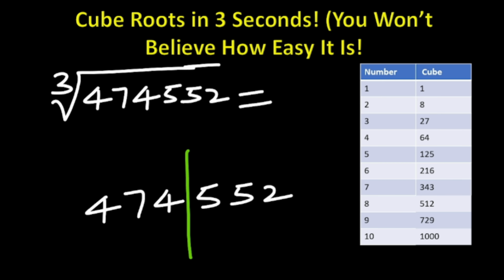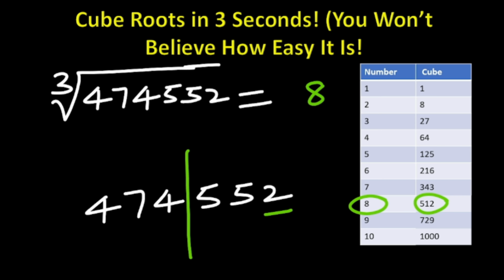Now, you can see that this number ends in 2. So if the cube ends in 2, its cube root ends in 8. So the first digit in our answer is going to be 8.